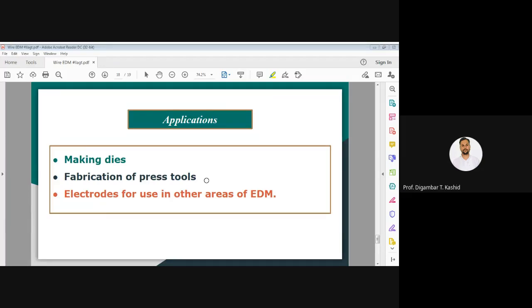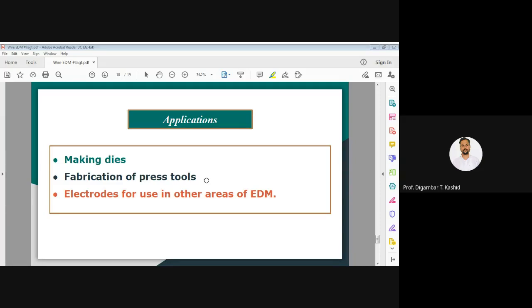If you want to go into detail, you can study electro discharge machining. We have another process, electro discharge grinding, that you can also study.